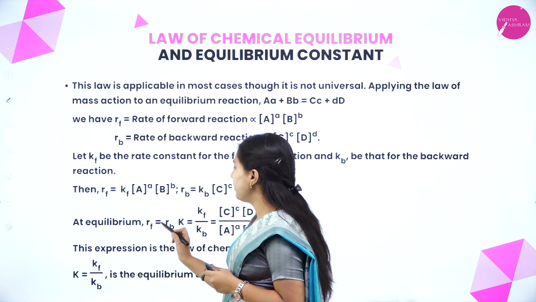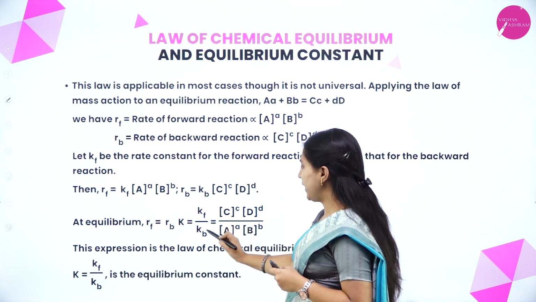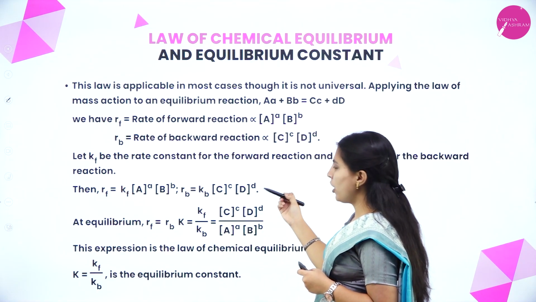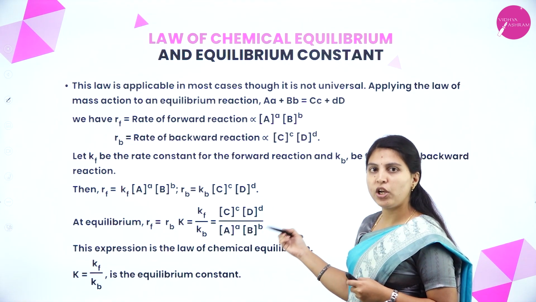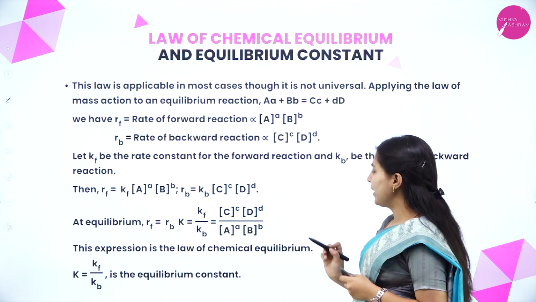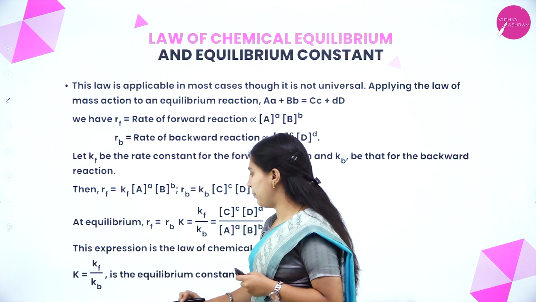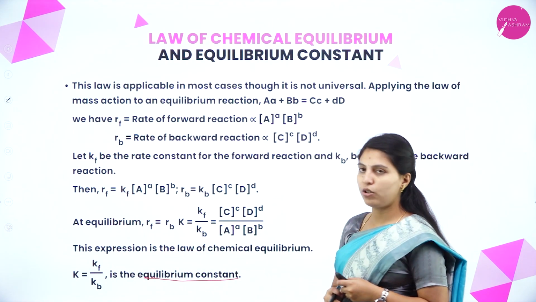At equilibrium, Rf equals Rb. So K equals Kf by Kb, equals molar concentration of products by molar concentration of reactants. This expression is the law of chemical equilibrium. K equals Kf by Kb. This is the equilibrium constant.